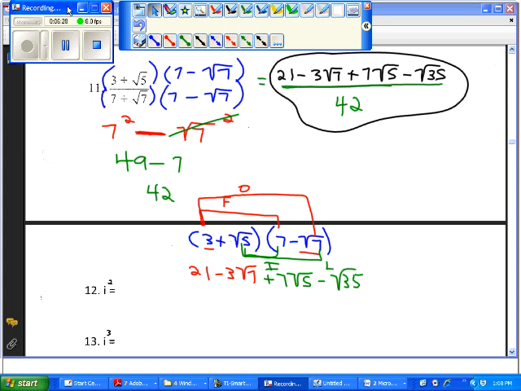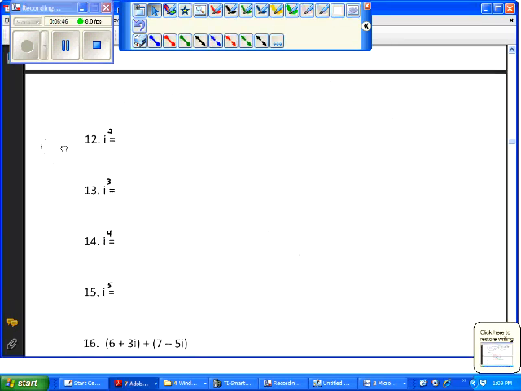But we said, where does the I come from? What is I equal to? Anybody remember what I is equal to? The square root of negative 1. There you go. So the square root of negative 1 is I.